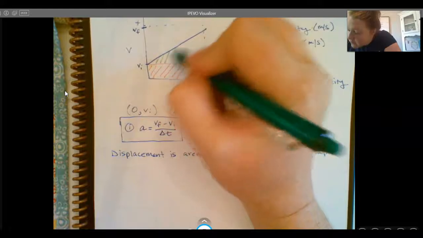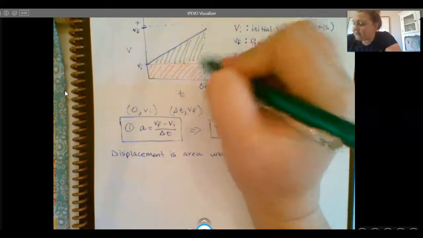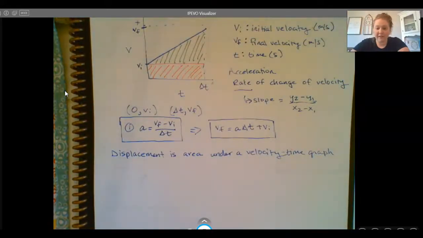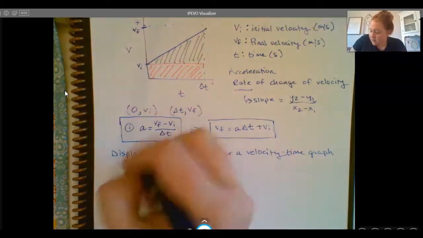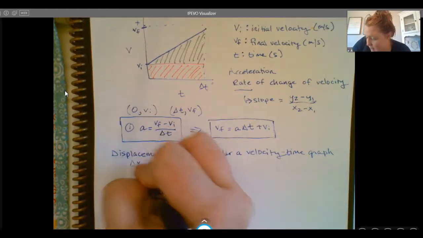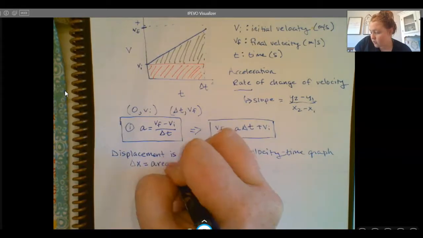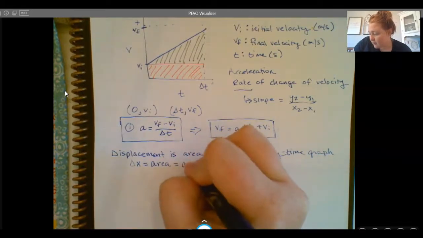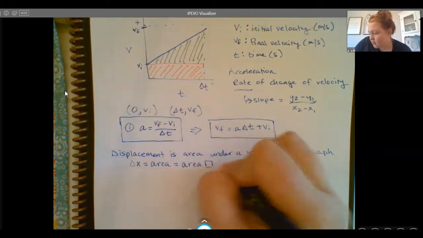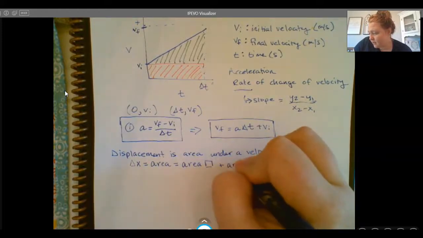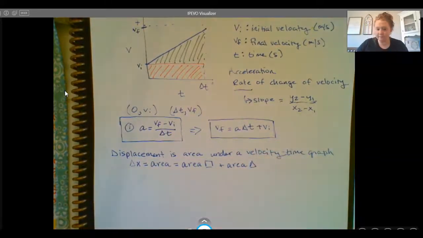That's going to be the total area under that velocity graph. So let's write this down. Delta x represents the displacement, which is found by the area, which is going to equal the area of the rectangle plus the area of the triangle.